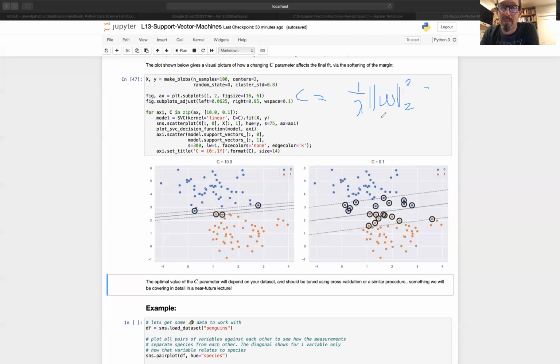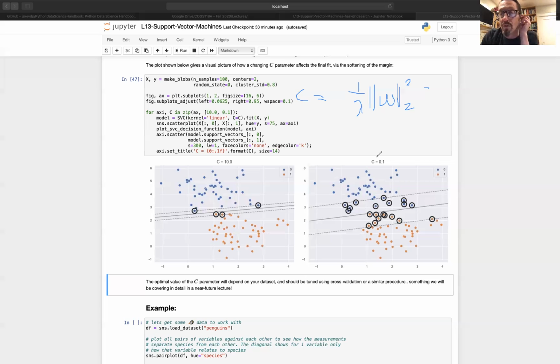That's direct from the math, because this projection here is divided by this norm. So when this norm is very, very large, then dividing by something large makes it very small, and that means a small margin. So that is definitely in my head, and I've got that right now.